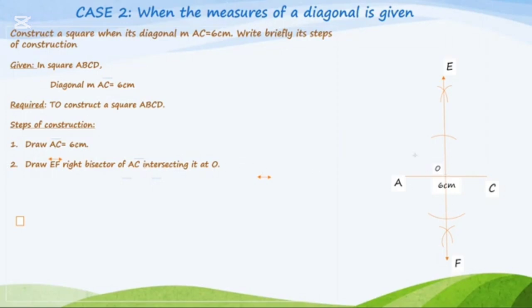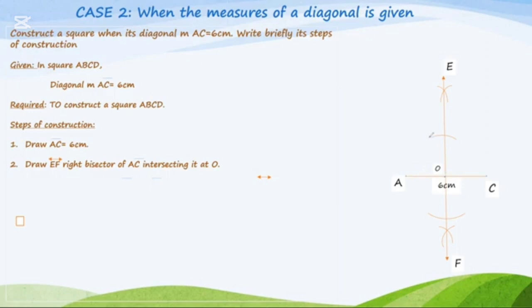Now what we have to do, students, we have to put the compass here on this point O, and open the compass till point C, or we can say till point A, with the measurement of OA or OC.